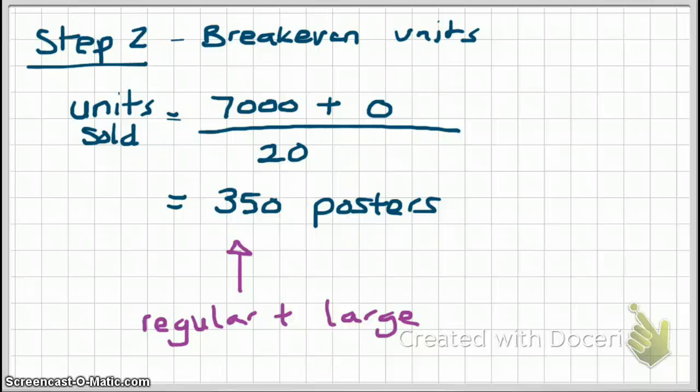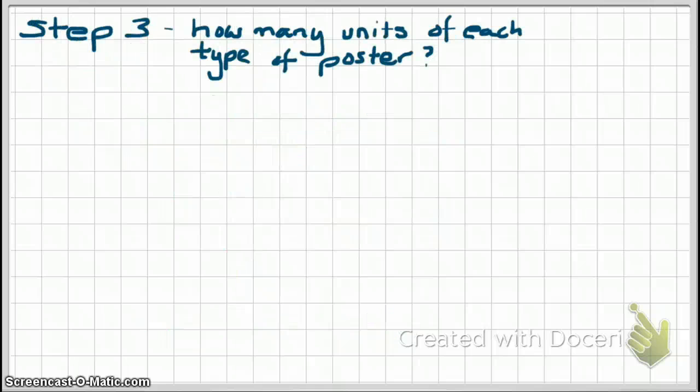Our third step would be to figure out how many regular posters do we need to sell and how many large posters do we need to sell. So how do we calculate how many posters we need to sell? Let's take a look at our regular posters. We know that we have 350 units that we need to sell to break even. Of that, how much should be regular? We need to take a look at our sales mix.